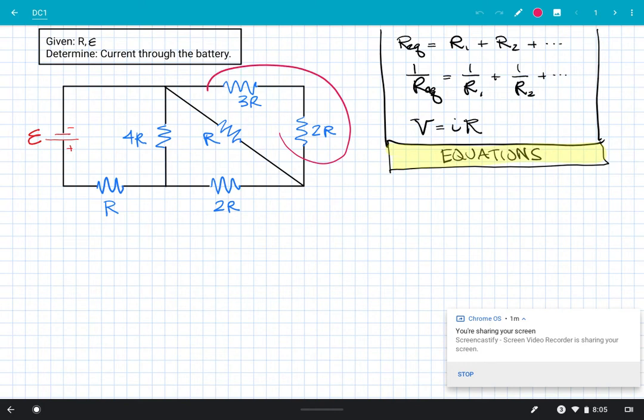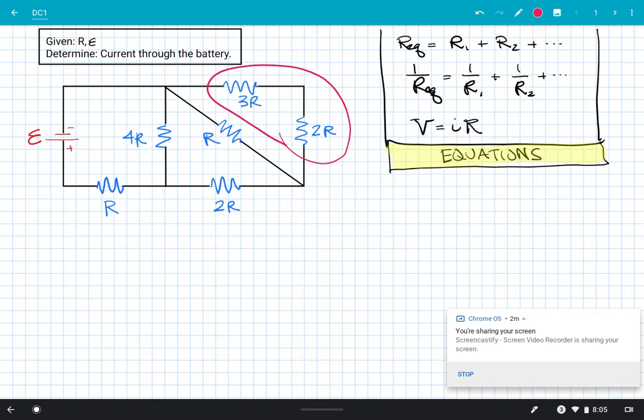So right away, what I'll see is these two resistors here, and those are wired in series. Series means same current, right? So those two resistors would definitely have the same current. They're connected by just that one wire there. So they must have the same current.